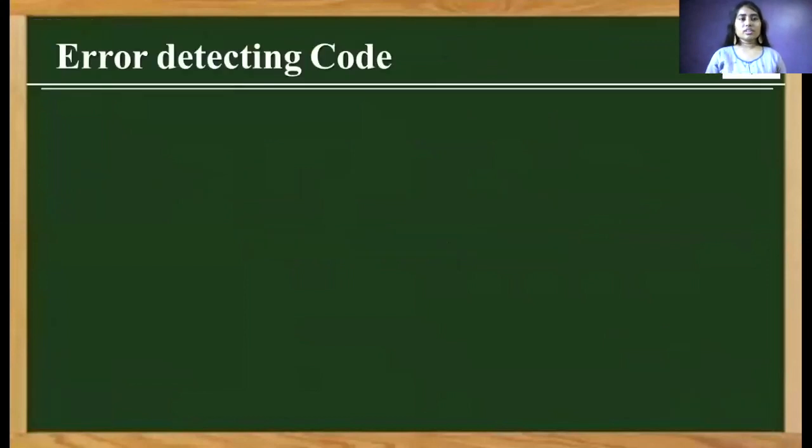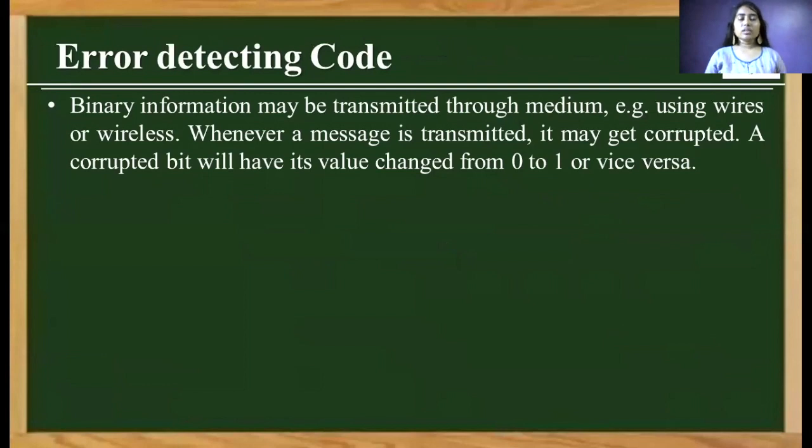Error detecting code. Binary information may be transmitted through a medium using wires or wireless, and whenever a message is transmitted, it may get corrupted. This corrupted bit will have its value changed from 0 to 1 or 1 to 0.